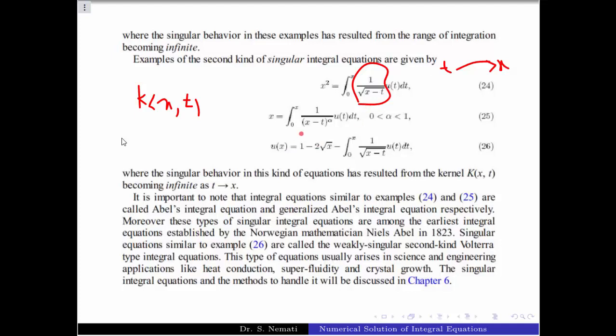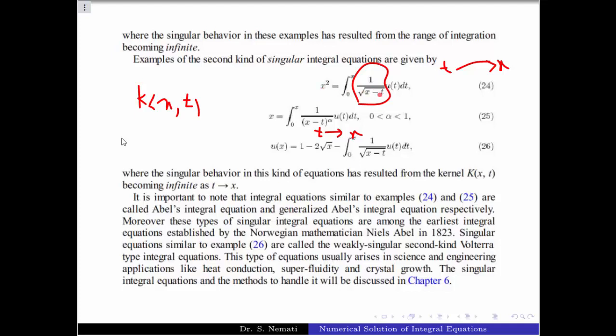And also here, we have the kernel 1 over x minus t to the power alpha for all alpha between 0 and 1. So once again, you can see that when the value of t approaches x, then this kernel takes infinite value.